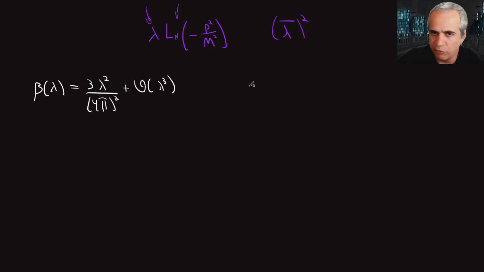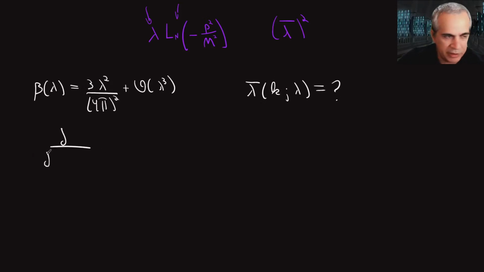Now I want to know what lambda bar of k, lambda is. In order to do that, we just have to solve this particular equation, which is the equation for lambda bar: k over m d lambda bar equal to beta of lambda bar.